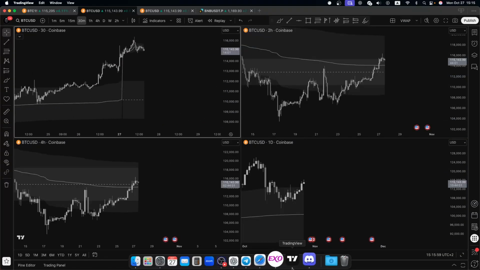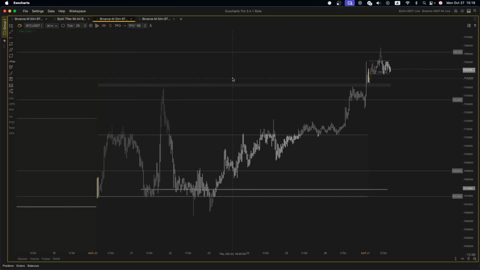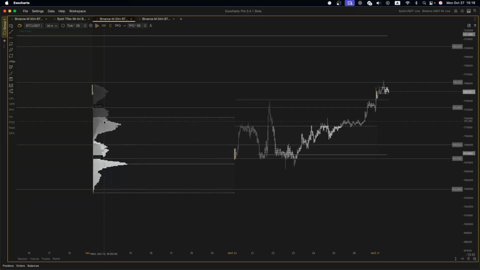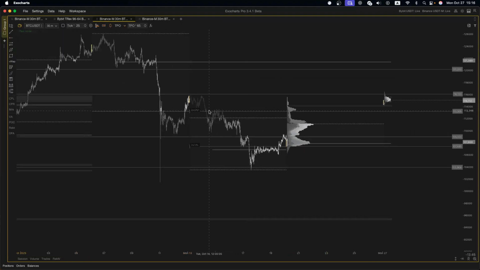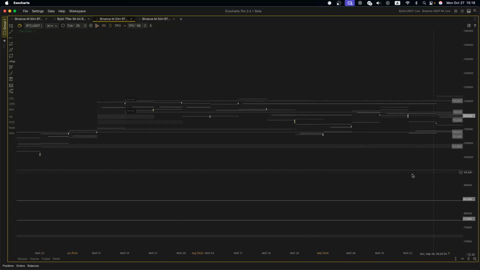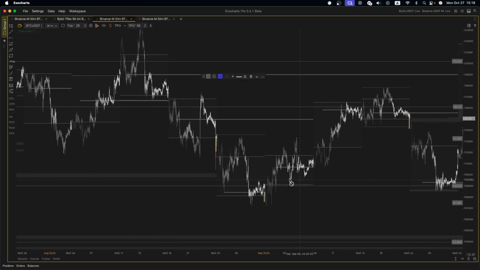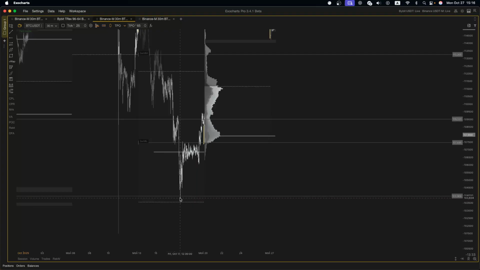Now, let's get into actual TPO. Starting off with the weekly TPO. Let me expand clusters. Okay, so we've seen price trading back to the previous 7-week value low, which is sitting at 104k basically.